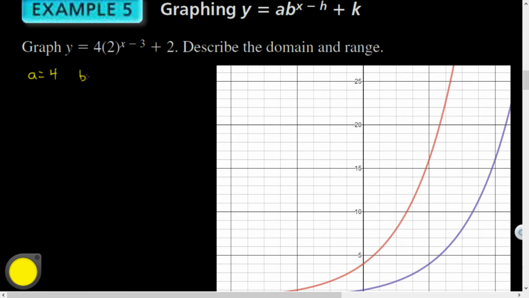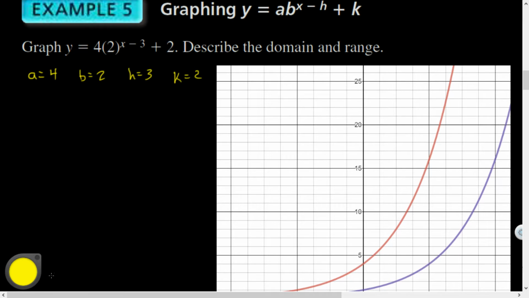What was the base of the exponent? The 2. What is h equal to? Now this is the tricky part. -3. This is always of the form minus h. So that means h must have been +3. Okay, that's kind of weird. And the +2 would have been the k. All right, that's what I get.